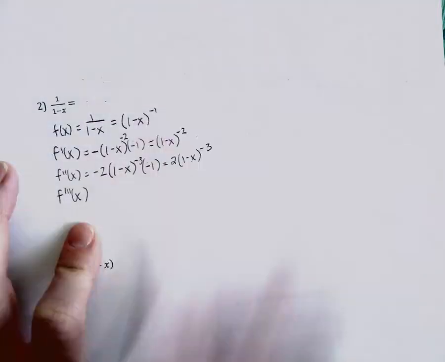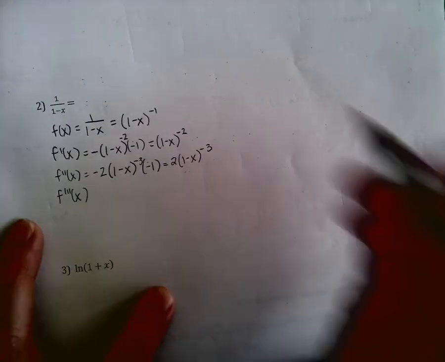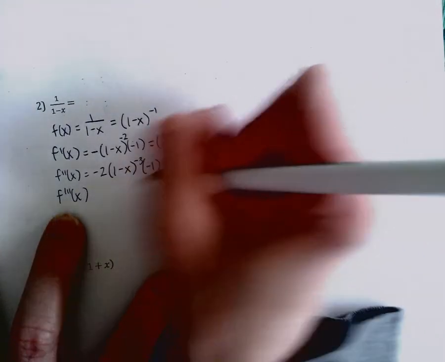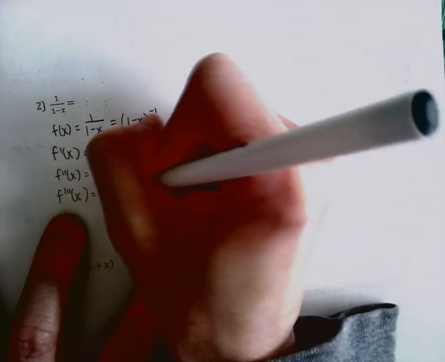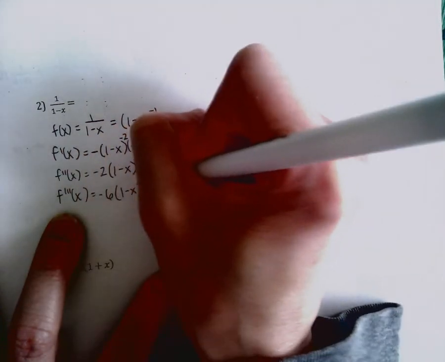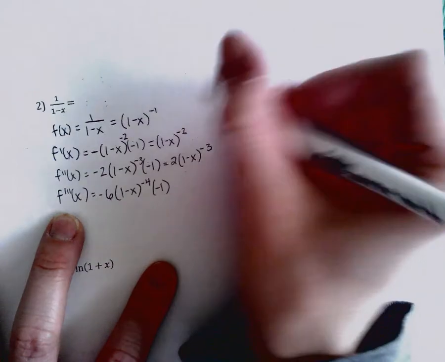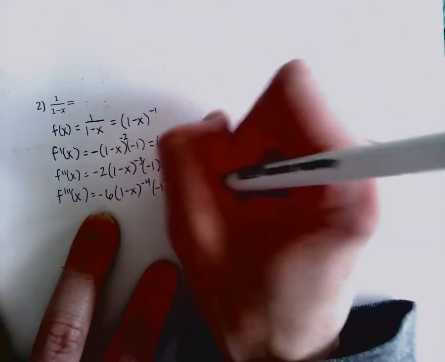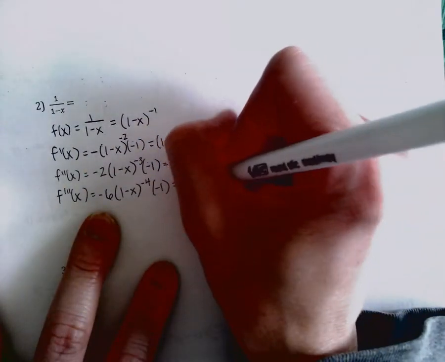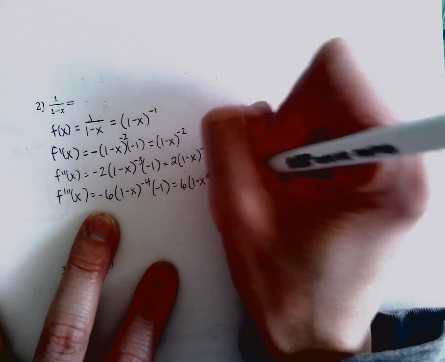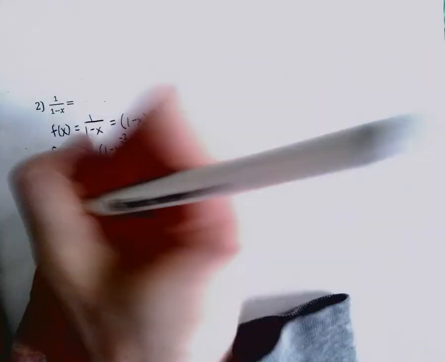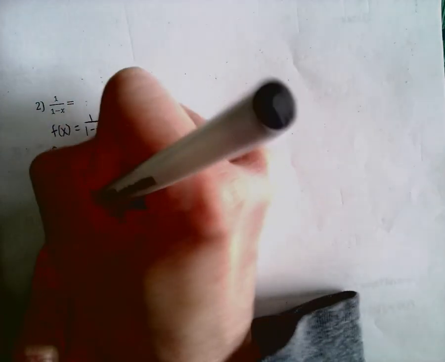Now the third derivative is going to be negative 3 times 2, so negative 6 times 1 minus x to the negative 4 times negative 1. So once again, that double negative makes this positive 6 times 1 minus x to the negative 4.